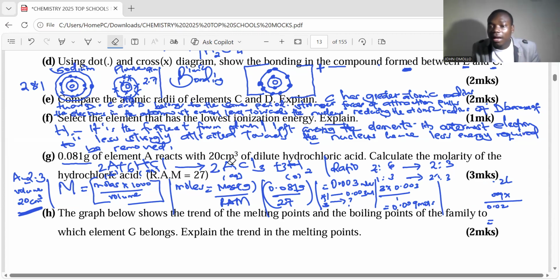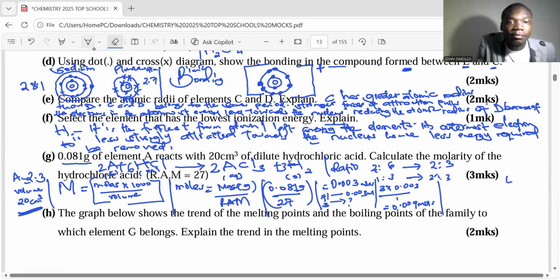So there is no need of coming back and multiplying by 1,000 again. That one is redundancy, and you'll get the answer wrong. Because we have the formula, let's just feed whatever we have directly. We have moles, 1,000 is a constant, and volume we also have.